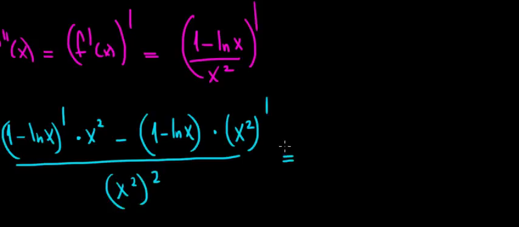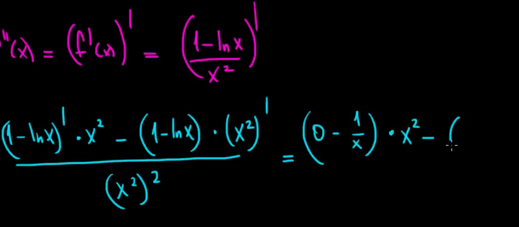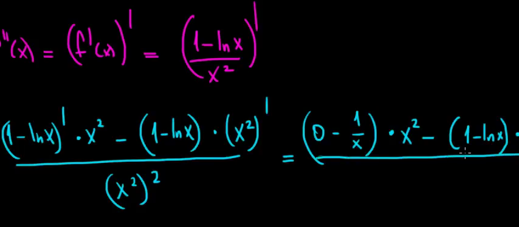Alright, what is 1 minus ln of x derivative? Well, one derivative is 0, ln of x is 1 over x. I mean, derivative of ln of x is 1 over x. So 0 minus 1 over x times x squared minus 1 minus ln x times, what is the derivative of x squared? It's just 2x divided by x to the power of 4.